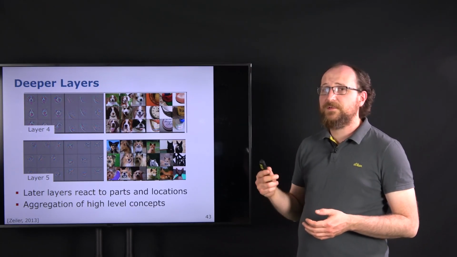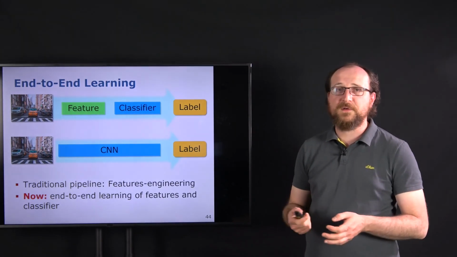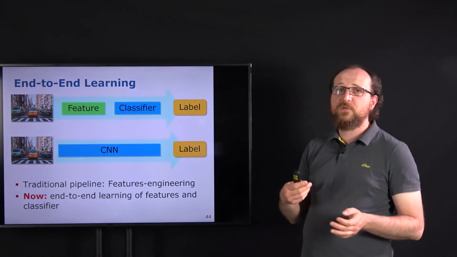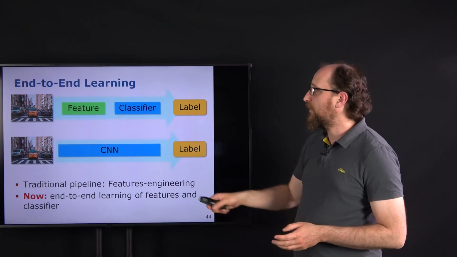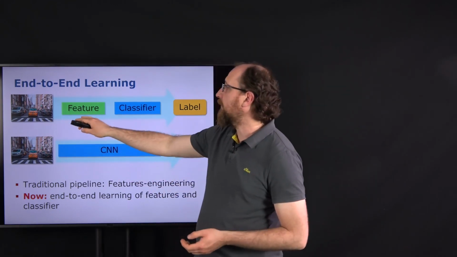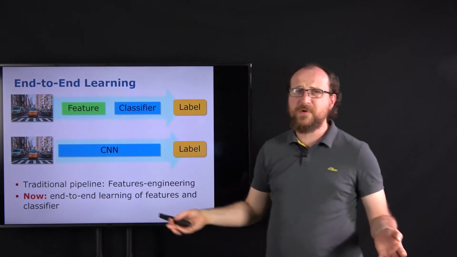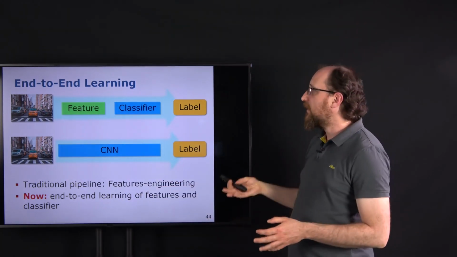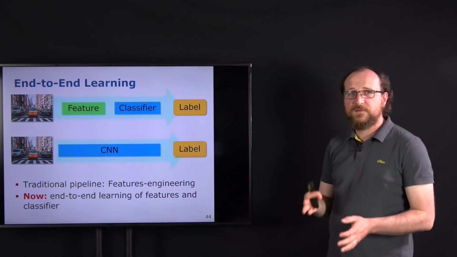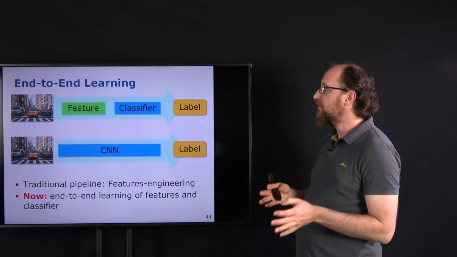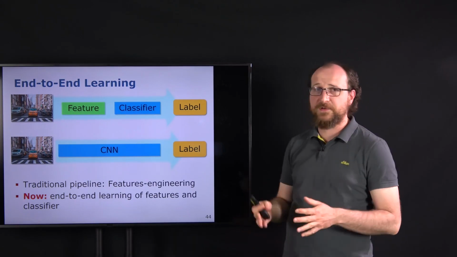And this is the distinguishing fact here, that we now have a way to do so-called end-to-end learning. Before, we always had the image, then we extracted some features that we came up with or learned, and then on top of this we trained the classifier. So we really had the separation between the feature engineering and the machine learning classifier in the end.